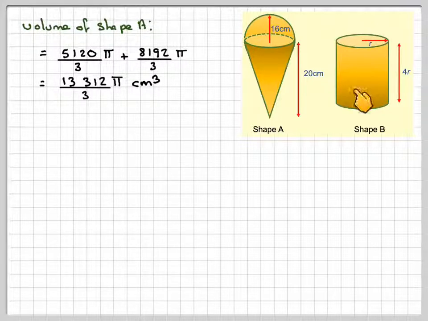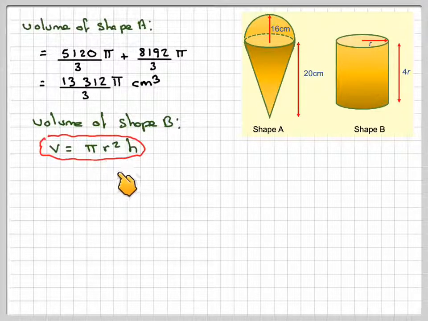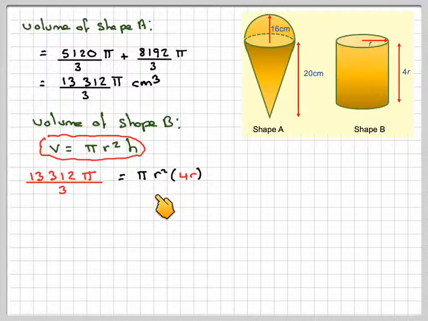So the volume of this cylinder is also 13,312 over 3 pi. The volume of shape B, which is a cylinder, is pi r squared h. But we've got to remember that h is 4r, and this is r. So I can say that 13,312 over 3 pi is equal to pi times the radius squared times the height, which is 4r.